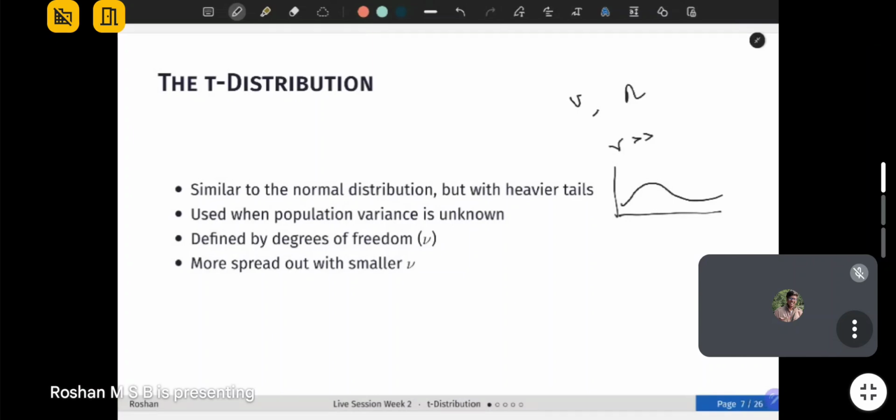Can anyone let me know what is the difference between population variance and sample variance? Can we always know the variance of the population? Do we know that beforehand?